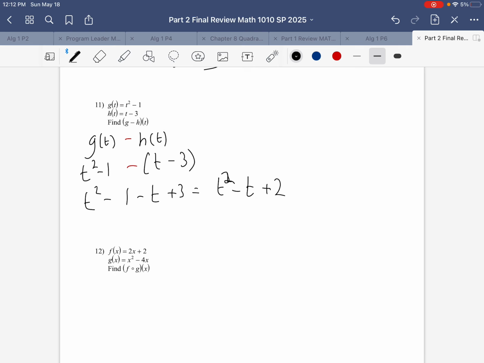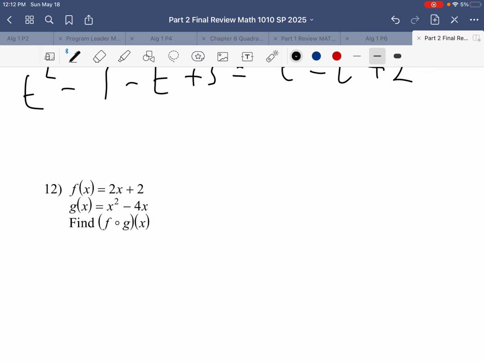All right, number 12. When you see this notation here, it looks like it's almost trying to spell fog, this is f of g of x. So when we talk about functions, this is my input.